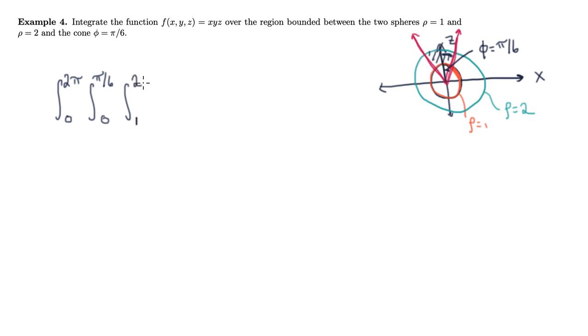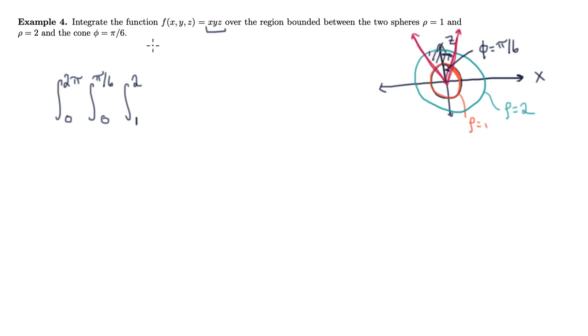Great. So again, because this is a naturally spherical region, describing it in terms of the limits of integration is really straightforward. But now we need to convert our function to spherical coordinates. Okay, so this is going to be a little bit interesting.